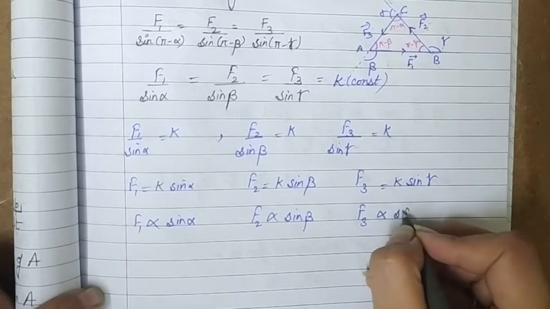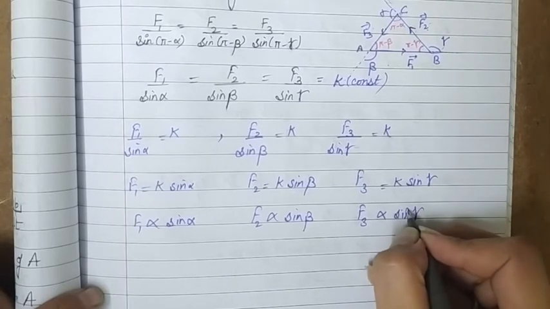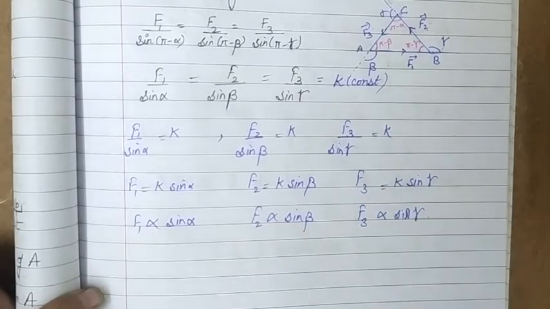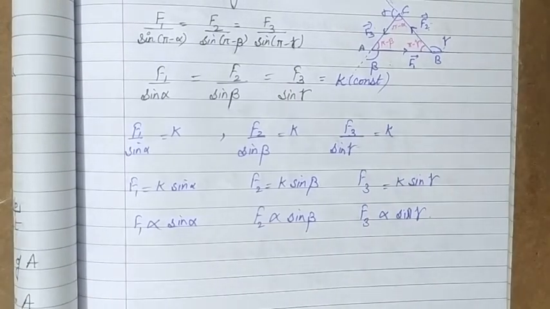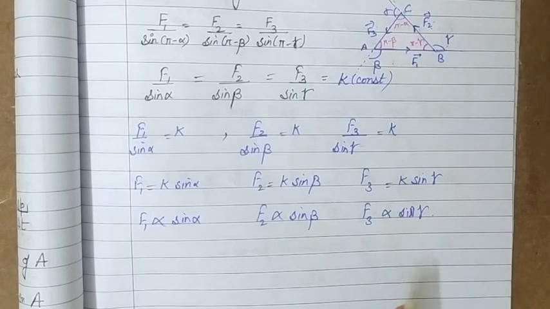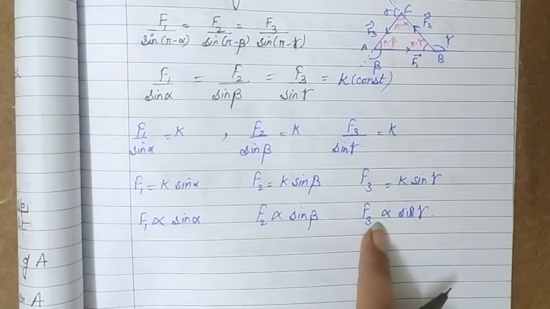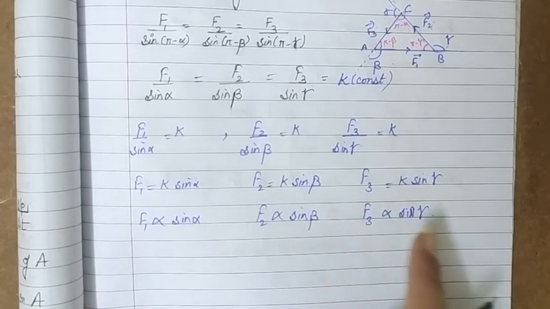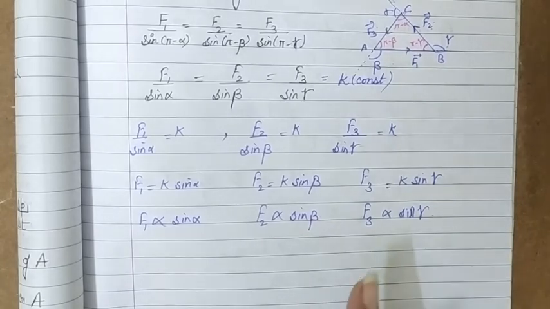So this is what Lami's theorem states, that if the three forces are concurrent or they are acting on a particle and are in equilibrium, then each of these three forces is directly proportional to the sine of angle, that is here sine alpha, sine beta, sine gamma, between the other two forces.